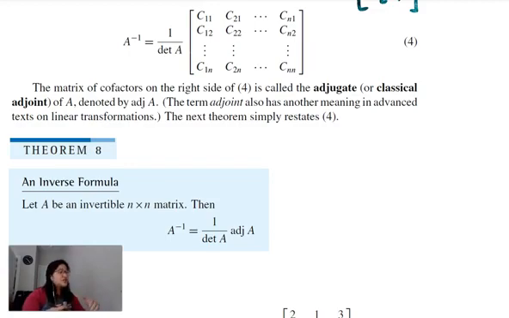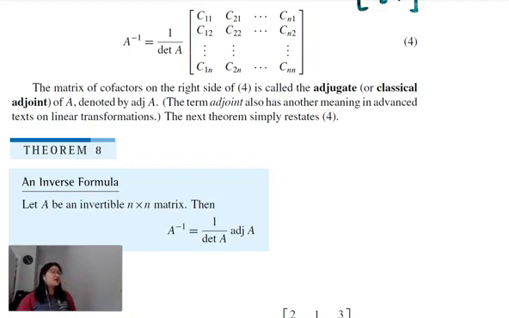Alright, so the question came up in class of, is there a formula for finding your inverse? And there absolutely is. If you don't want to do your augmented matrix with the identity matrix and then do your row reductions using all the elementary row operations to build yourself an inverse matrix, you can find the inverse of a matrix by taking 1 over the determinant of your matrix and multiplying it by the adjugate.